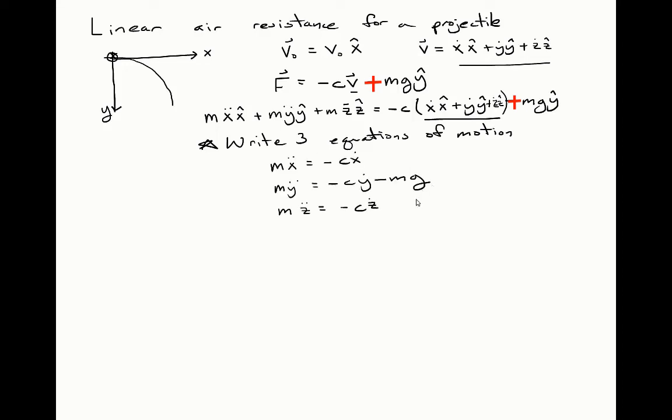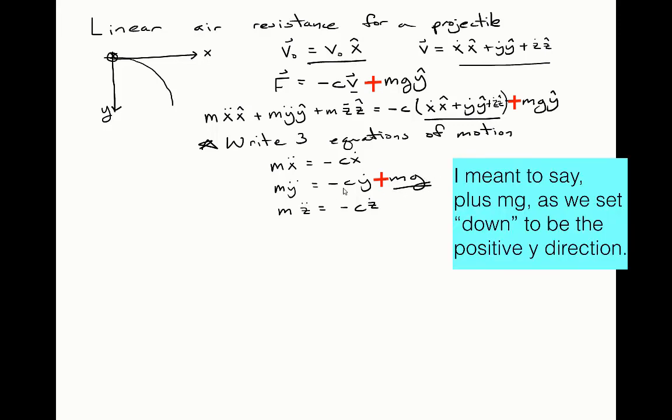Alright, so we have our three equations of motion. This looks like it should require all three dimensions to solve. But here's the deal. We know that the initial velocity is in the x direction. It's going to start moving in the y direction because we have this minus mg term. It's going to start falling, so it's going to start accelerating whether or not there's any velocity.